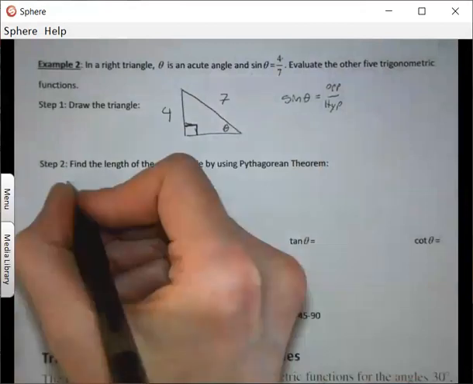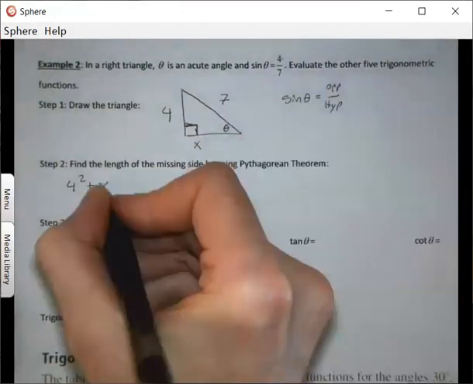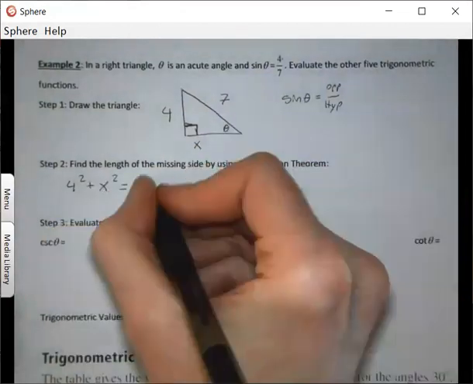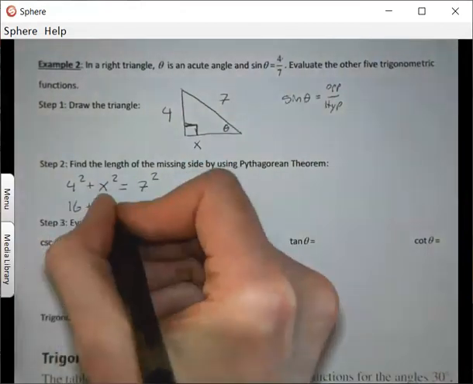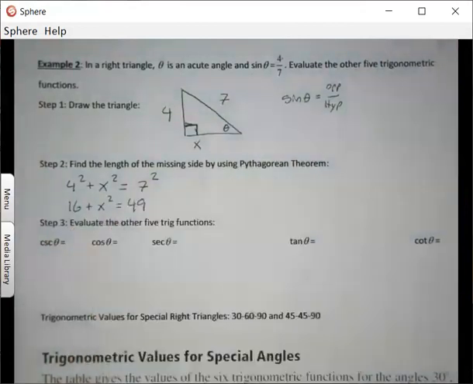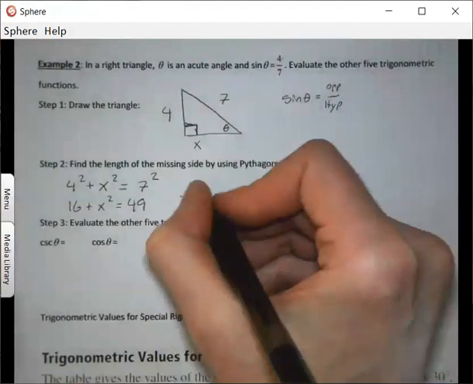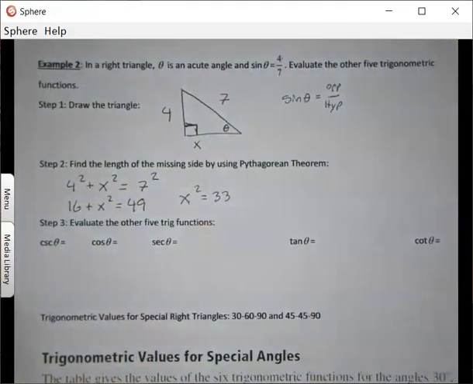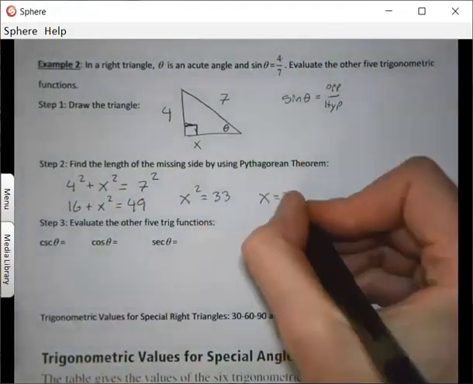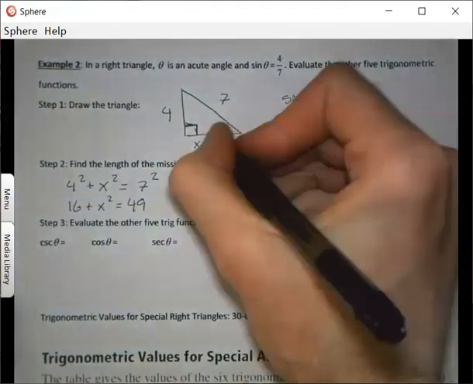So 4 squared plus, let's call this x for now, x squared equals my hypotenuse squared. 16 plus x squared equals 49. Take away 16 from both sides. We'll get x squared is 33. Take the square root of both sides. X is square root of 33. It's not really something we can simplify, so we'll just leave it as that.